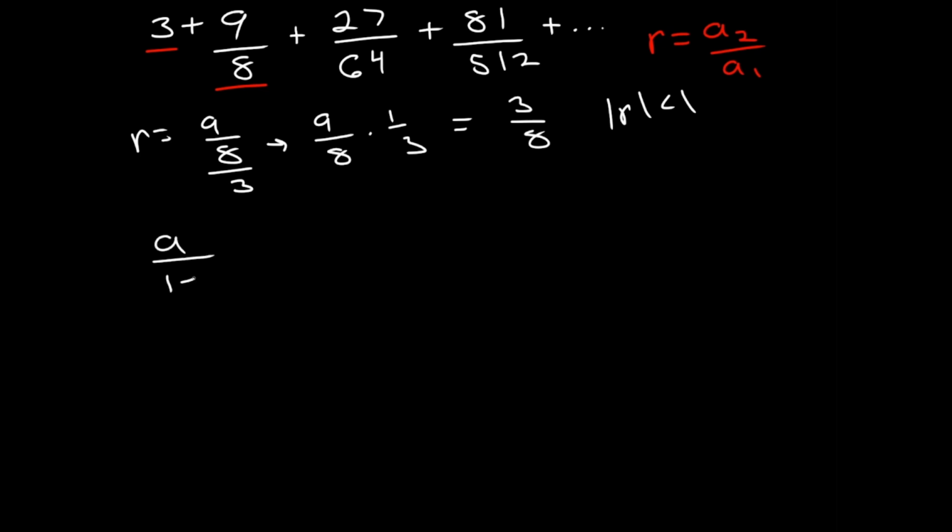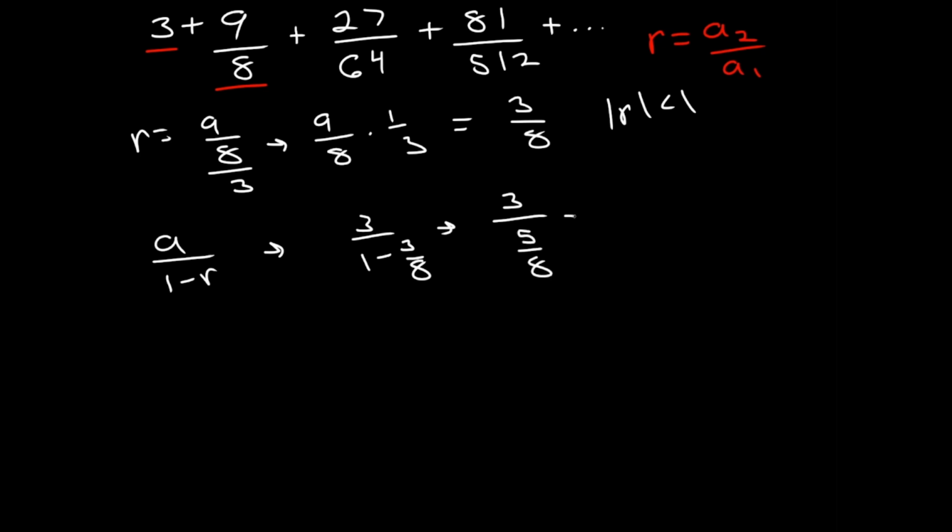A divided by 1 minus R. We plug in our values. Our first term, 3, divided by 1 minus the common ratio, which is 3/8. We'll be left with 3 divided by 5/8.